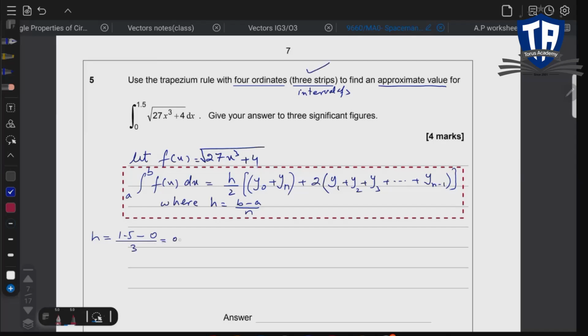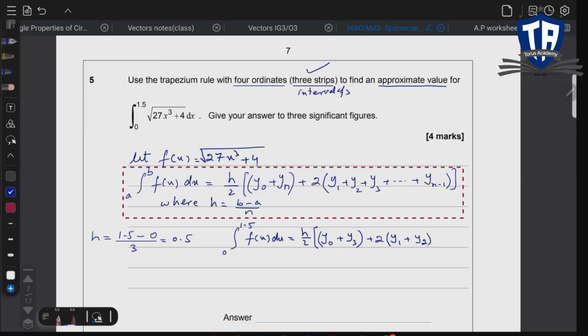Then this formula states the integral from 0 to 1.5 of the function dx is equal to h over 2 times, and three intervals means there will be four values of y. It will be y0 plus y3, the first and last term, plus 2 times the terms which lie between these, y1 plus y2. So this is what we need to find here.